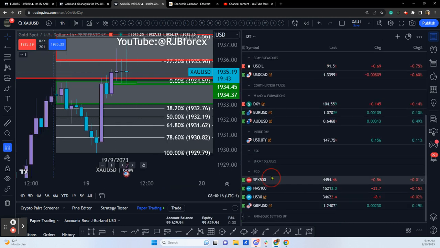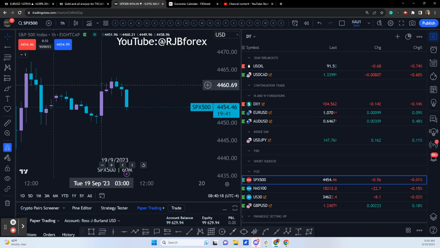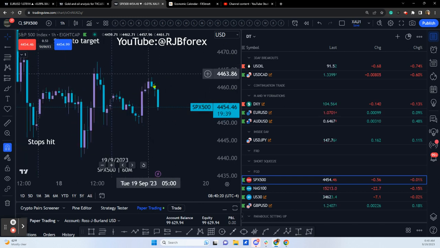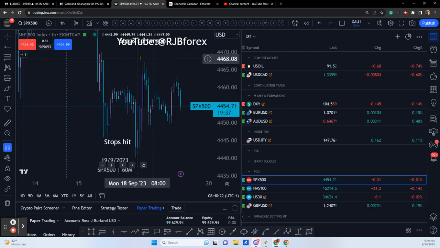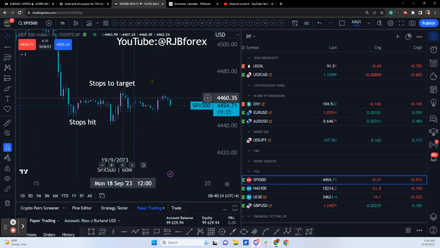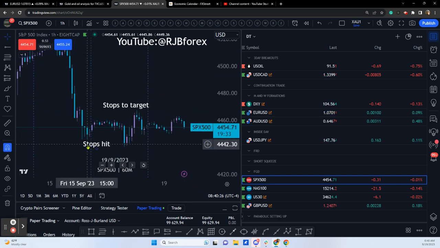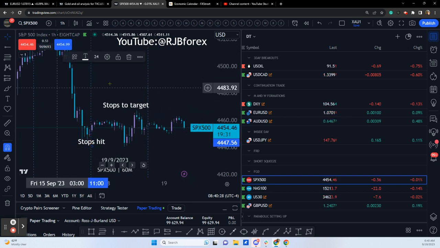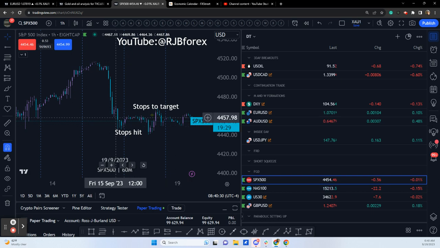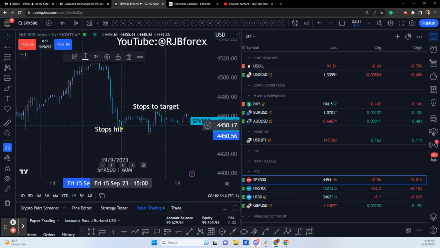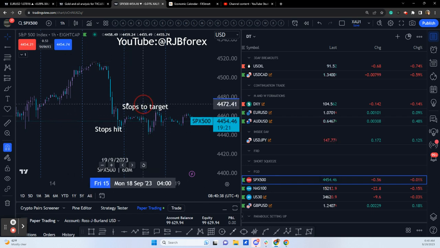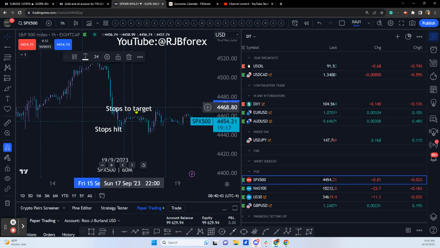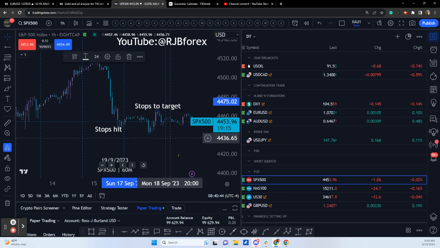So we're getting a dump here. Right, so the indexes, yesterday we closed green. So I'm noting here, my annotations, that we hit stops below these lows yesterday. So Friday's stops were hit. We've come up, taking stops out on this side as well, but we've got stops above here.